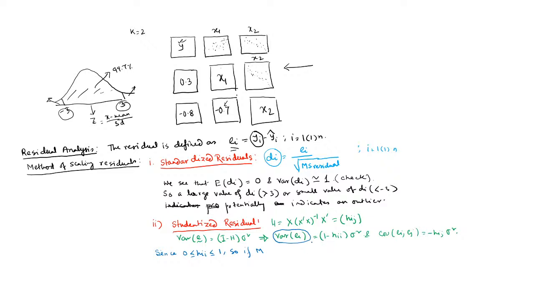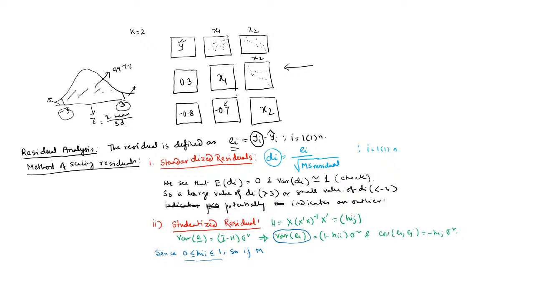And again, the variance of y hat is H sigma square, so from that you get h_ii greater than or equal to 0. So we can write h_ii lies between 0 and 1.